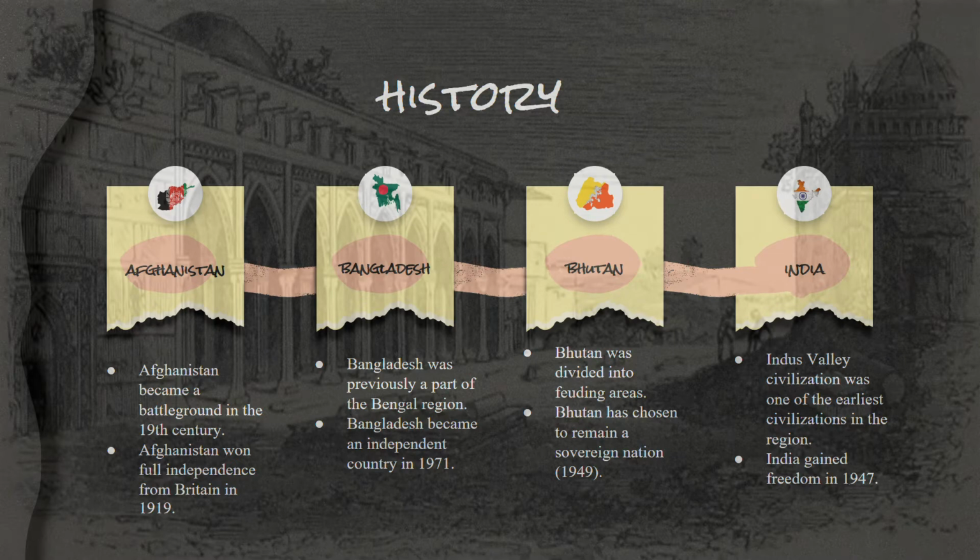In India, the Indus Valley Civilization was one of the earliest civilizations in the region. Aryans arrived in India in 1500 BC and discovered civilized land. Britain eventually took control and reigned over the region. India earned freedom in 1947.